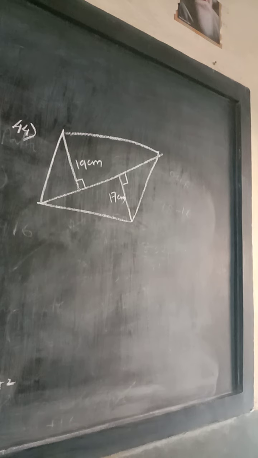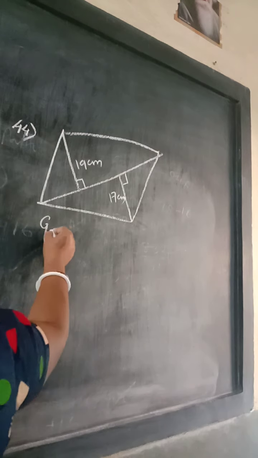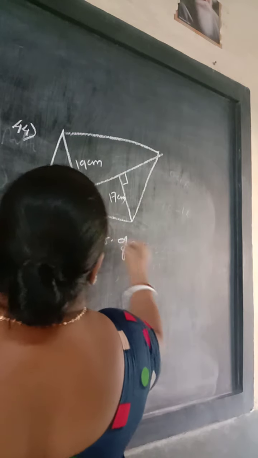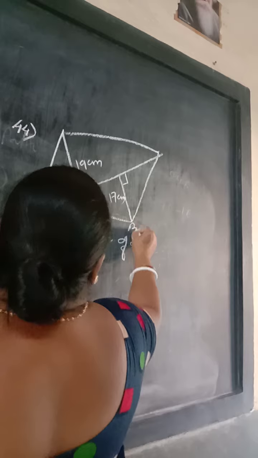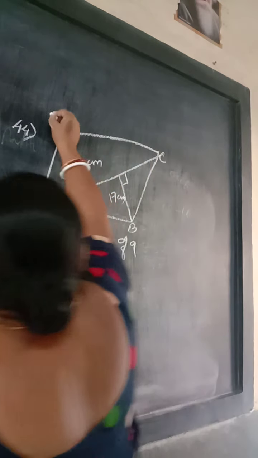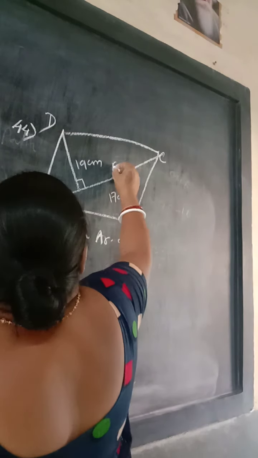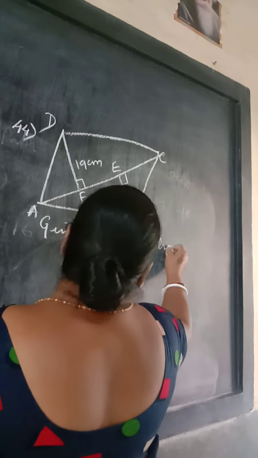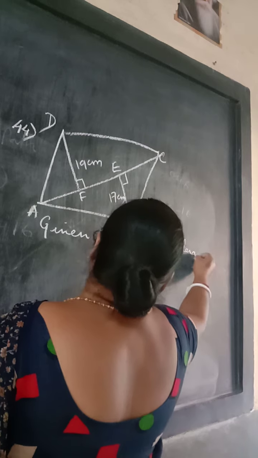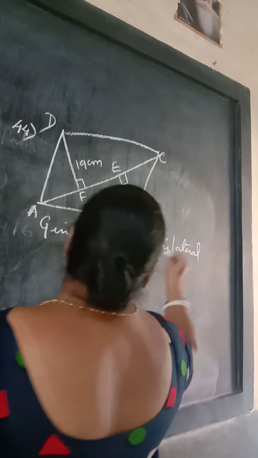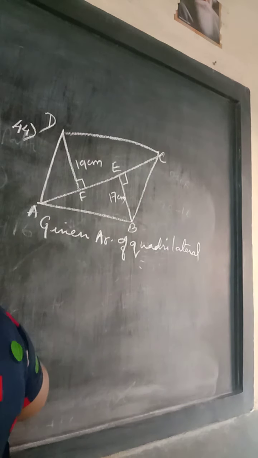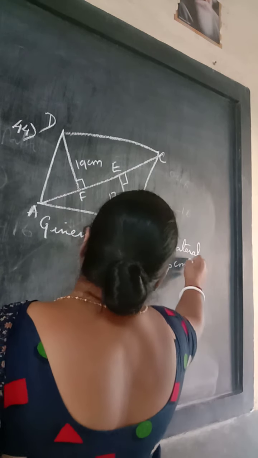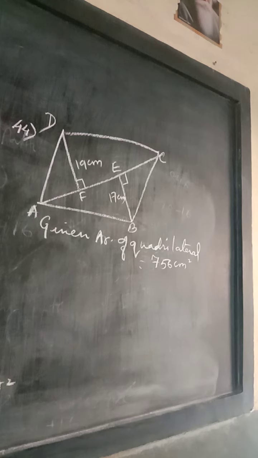These are the perpendiculars given to us. And the area of the quadrilateral is given. Area of quadrilateral is equal to 756 centimeters square. This area is given to you.